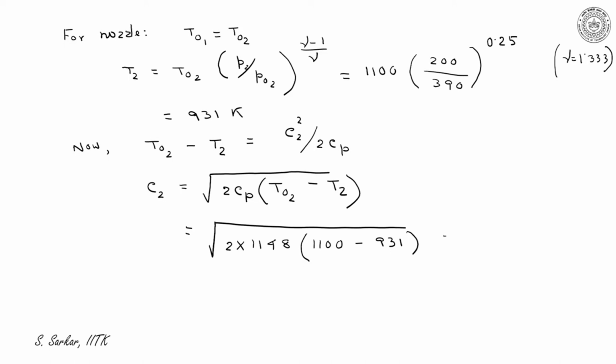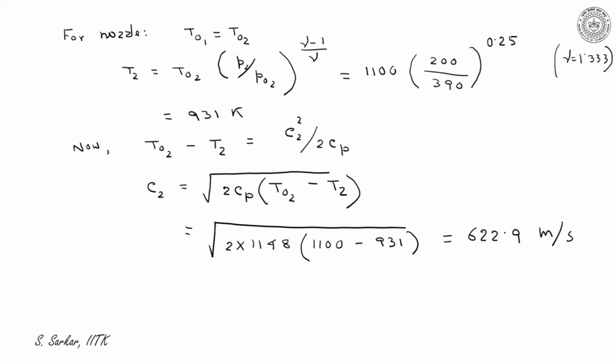If you calculate this, I have got C2 as 622.9 meter per second. So I have evaluated T2 and then calculated C2, the exit velocity of gas from the nozzle.